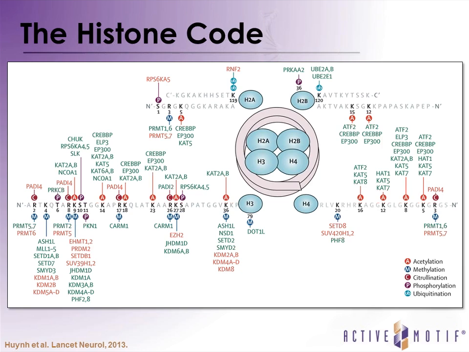Then there are those proteins which deposit the marks, which are colloquially known as the writers. And then those enzymes that remove the marks are called erasers. The readers, writers, and erasers are listed in this slide. Those that are in green type are associated with activation of gene expression, whereas those that are red are associated with repression.